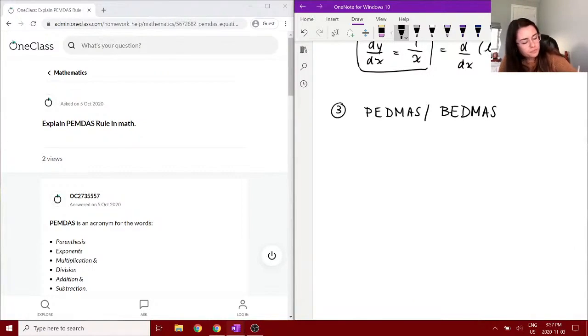So the P or B stands for parentheses. I can't even spell it. Oops. Parentheses. Or the B stands for brackets. E for exponential.